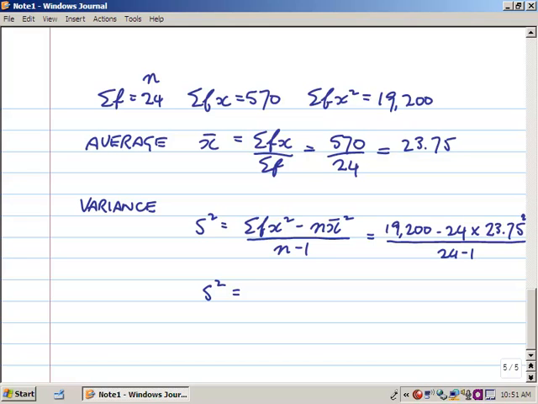That works out to be 246.2 to 4 significant places. And so the standard deviation, S, being the square root of that, and again to 4 significant places, is 15.69.